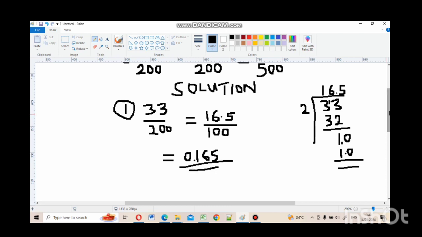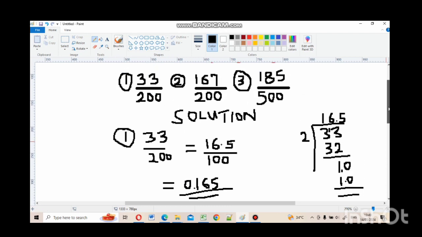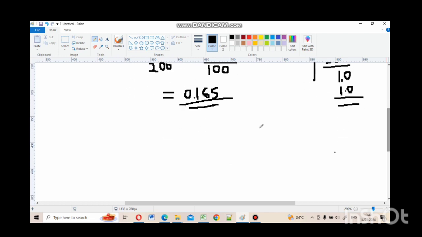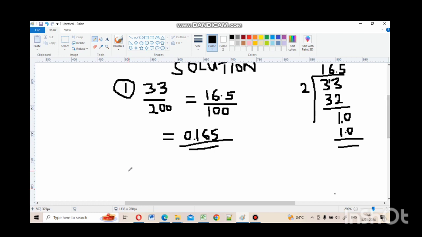All right, let's go to question number 2: 167 over 200 in decimal fraction. We're converting this into a decimal fraction.